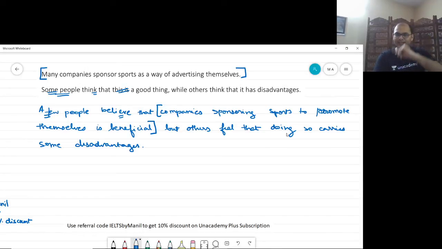Of the rearrangement of the words, that companies, it's not always necessary that every word has to come back, so I've gotten rid of many altogether. Companies sponsoring sports. Now, companies sponsor sports, right? So sponsor here is in the verb form, while here it's become a gerund, -ing. Here it's in the root form, here it's in the gerund form.